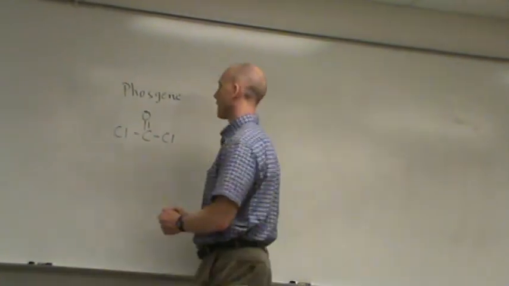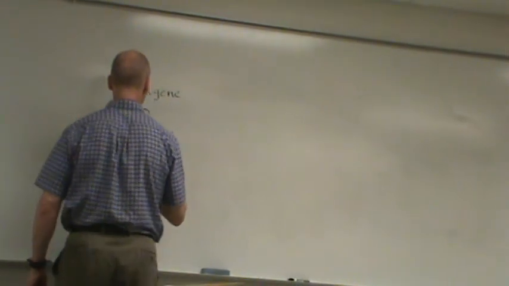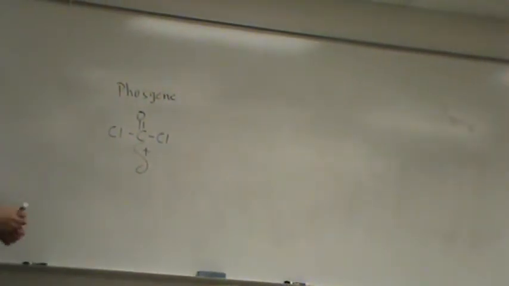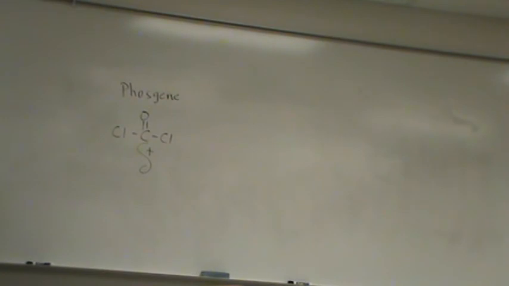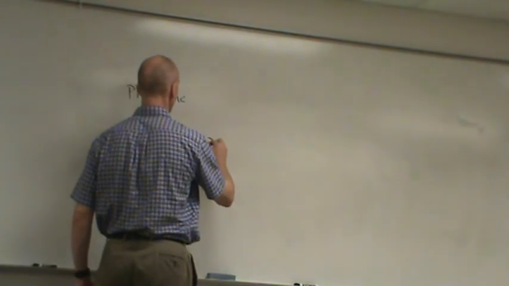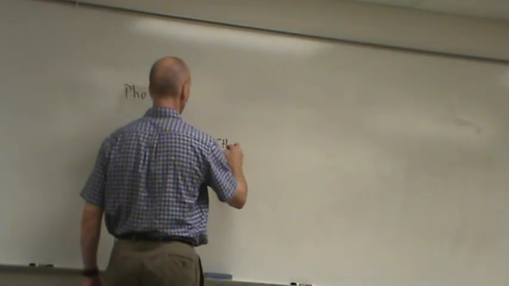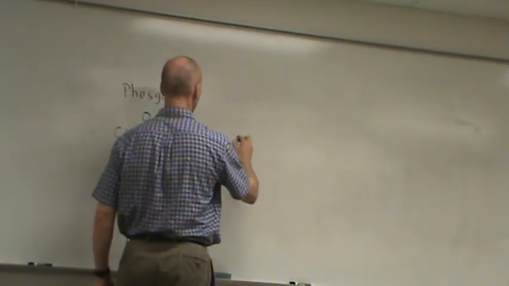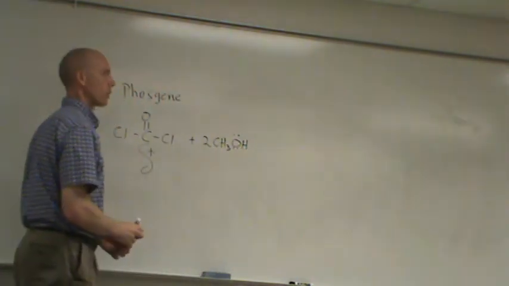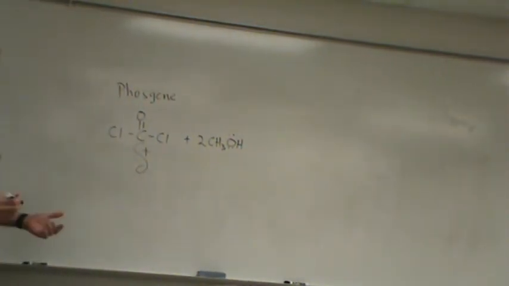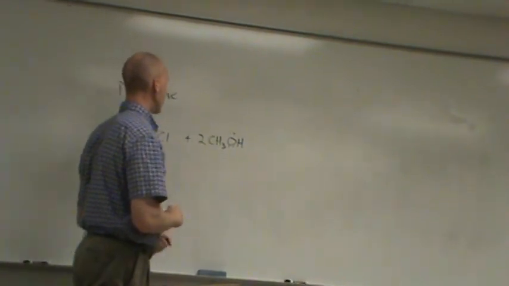So this delta plus is going to be gigantic. It's going to be very reactive. So if I were to react with two alcohols, those could add on real easily.